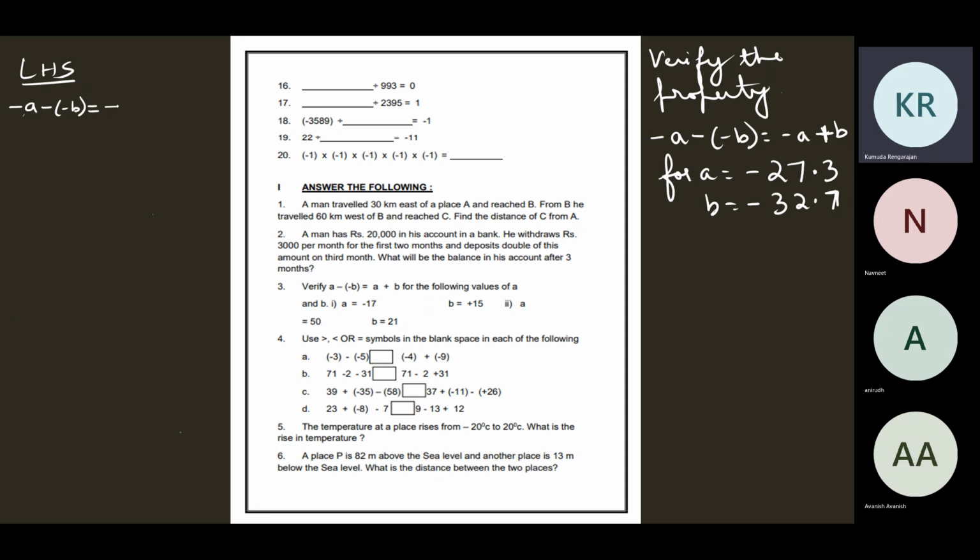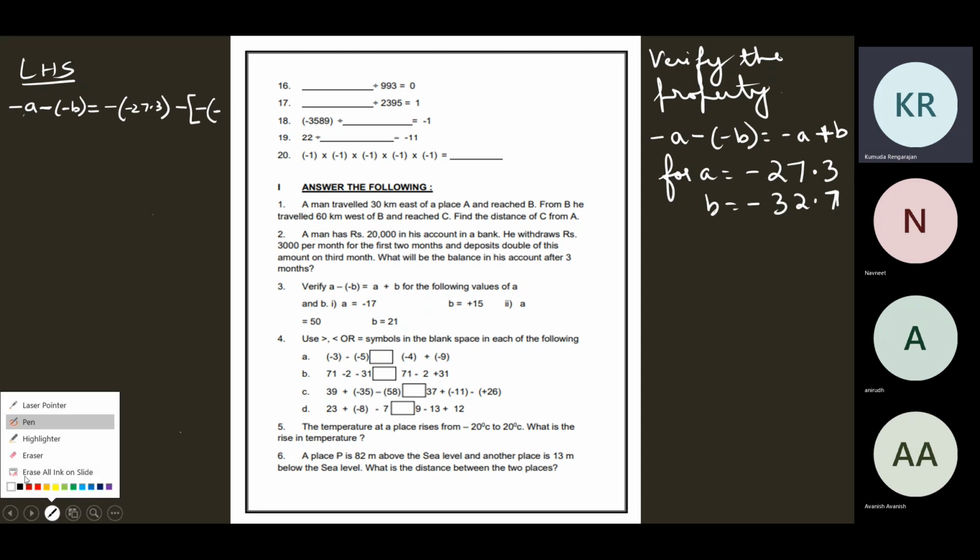Put the minus sign. What is A? Minus 27.3. Then this minus sign, put it. Then there's a bracket here, so open it. Use a square bracket. There's a minus here, put the minus sign. And what is B? B is minus 32.7. Check your first step, Navneet and Anirudh, have you got this?